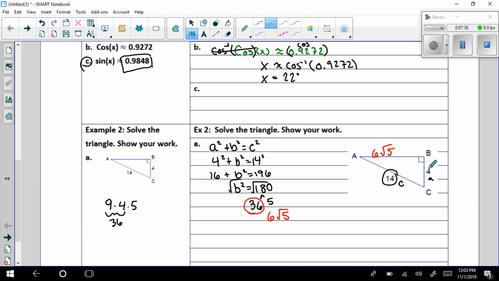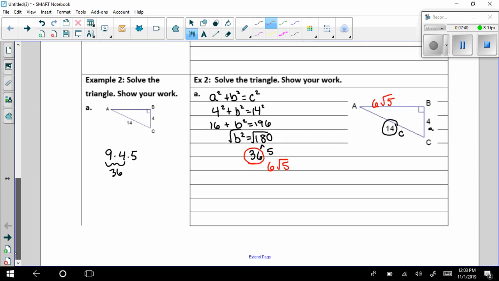That's not a clear, obvious pattern as far as angle measures are concerned. So to find the different angle measures, we have to set up our trig ratios. You pick an angle of interest, whether it be A or C. It doesn't matter which one you pick. I'm going to go with A. So for angle A, the sine of A is the opposite over the hypotenuse.